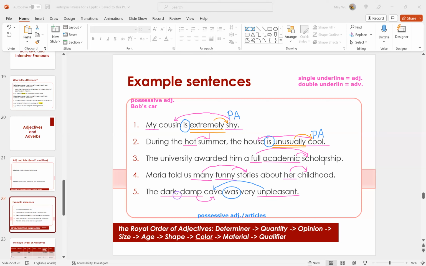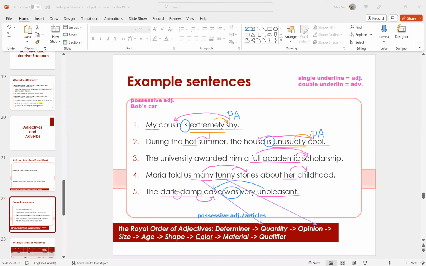Talking about the quality of the scholarship, what it's made of. So that is why we cannot reverse the order of these two adjectives. Same thing with many funny stories, right? So many would be talking about the number, the quantity, and funny is subjective, so that would be opinion.